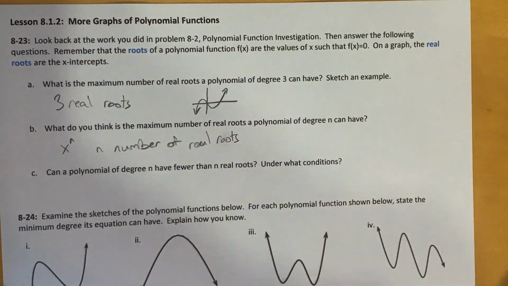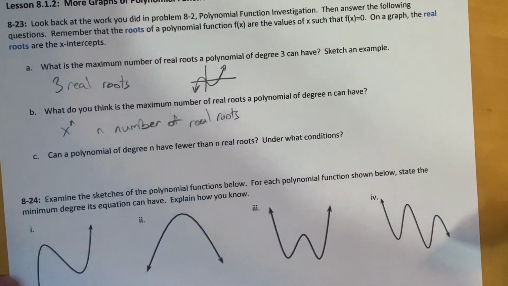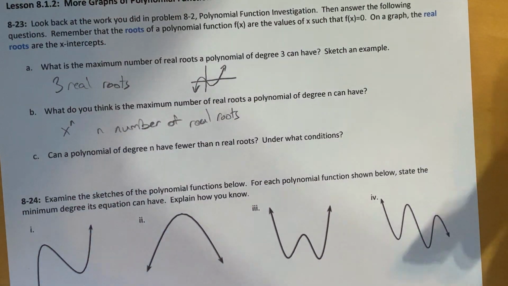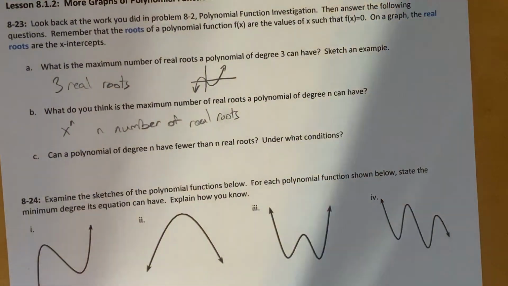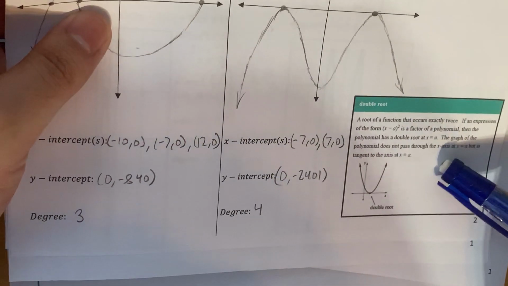Good to go. Can a polynomial of degree n have fewer than n real roots? And we learned about this. Yes, it can. When it's under the, what was it called in the last section? I also have to reference the double root. Right here, the double root.